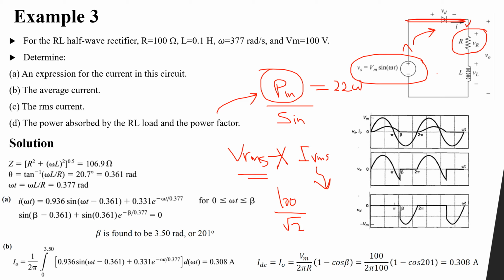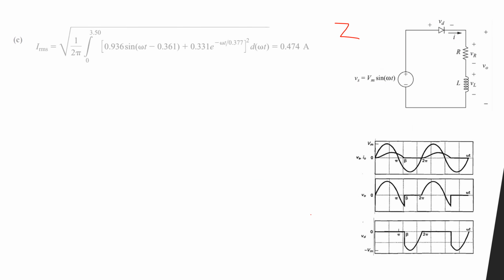This is very important, as when we go to the next one with a freewheeling diode, you will find that the current of the supply is not equal to the output current. Here, during conduction, the supply current equals the load current, and when the load current is 0, the supply current is 0. So IRMS is the one we just obtained.